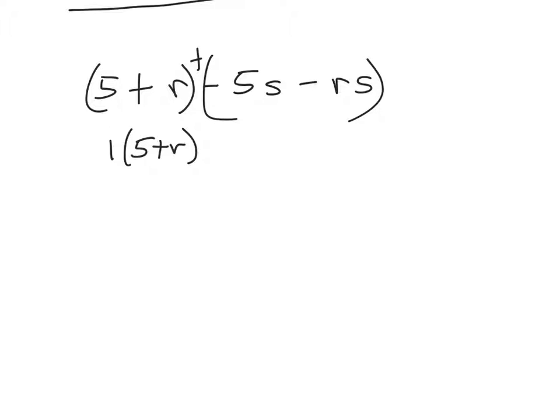Out of negative 5s and negative rs, I can take an s out, but I'm going to need the signs to flip because I'd like to be left with another 5 plus r. So I'm going to take out a negative s. Negative s out of negative 5s leaves 5. Negative s out of negative rs leaves r.